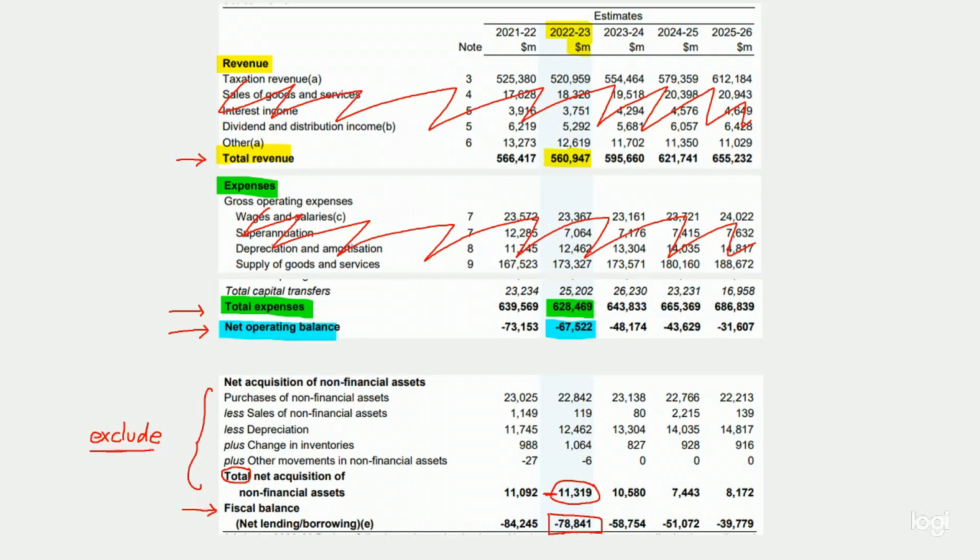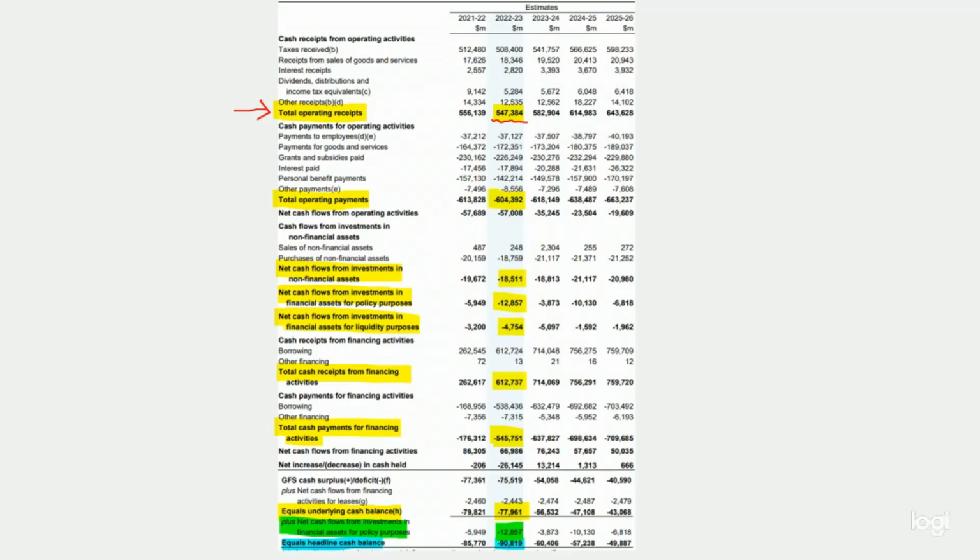It is more accurate to say that of this $560 billion in revenue, $547 billion of this figure is related to cash transactions.